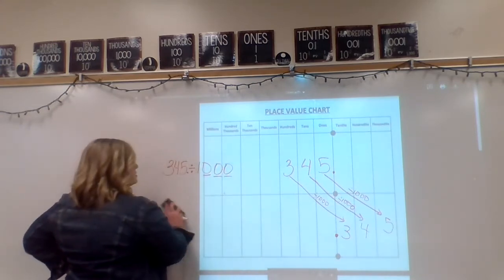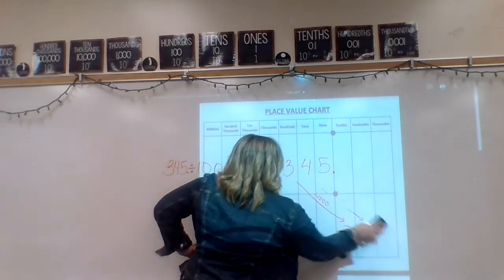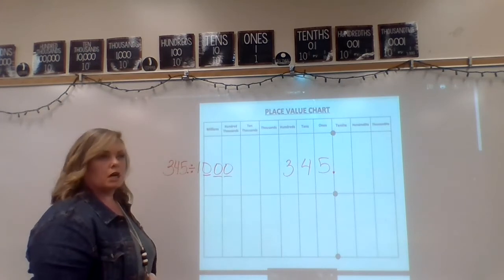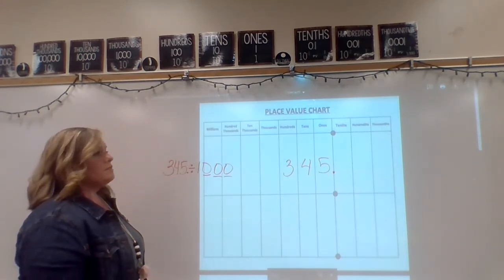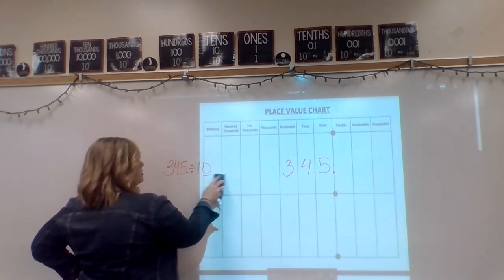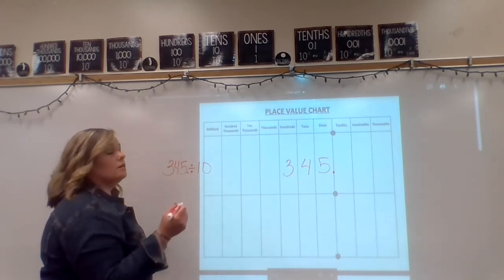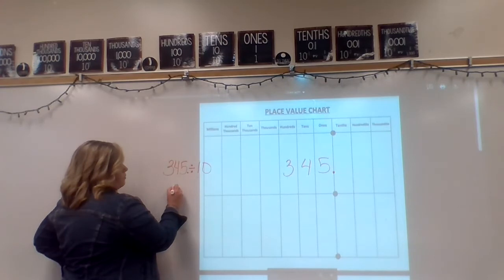I also did want to point this out. You are going to see this. There are 2 ways to show that you are dividing by 10, or dividing by 100, or dividing by 1,000. When we divide by 10, another way that you might see this is 1/10 of.